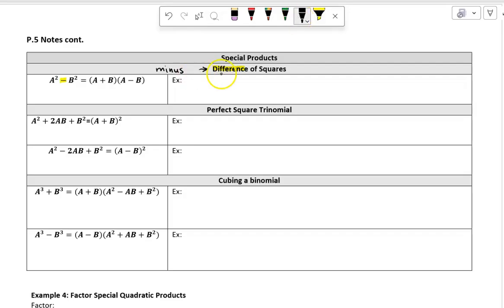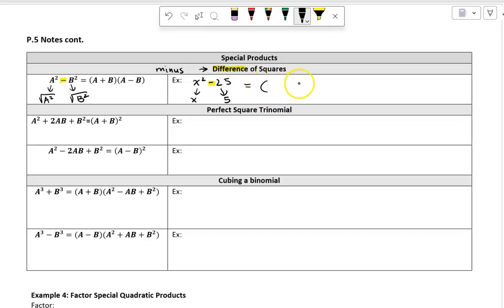So you have to have a minus sign in between two things you can take the square root of, and I can take the square root of each end. So let's just put it straight into an example. If I gave you x squared minus 25, then you would say this is a difference of squares because I can take the square root of x squared, I can take the square root of 25, and most importantly, I need that minus sign in between.